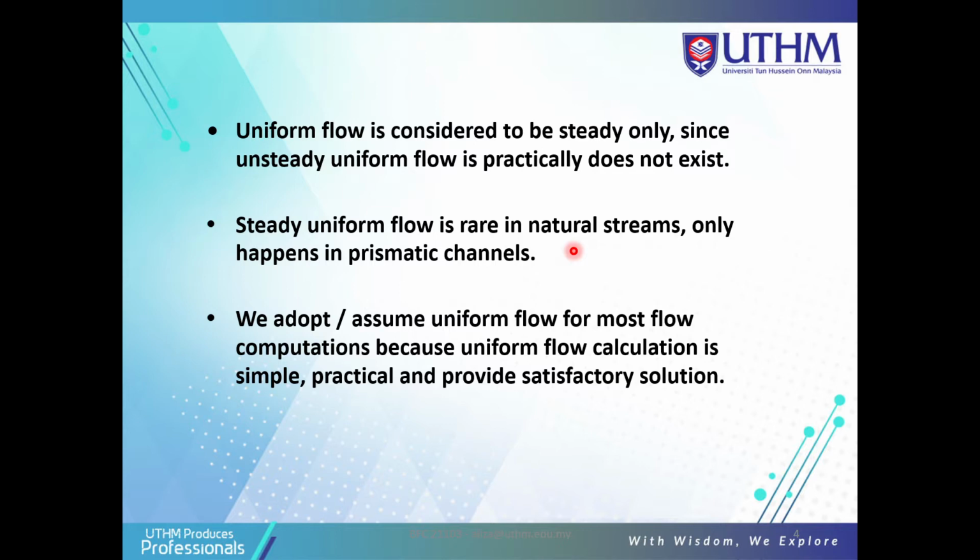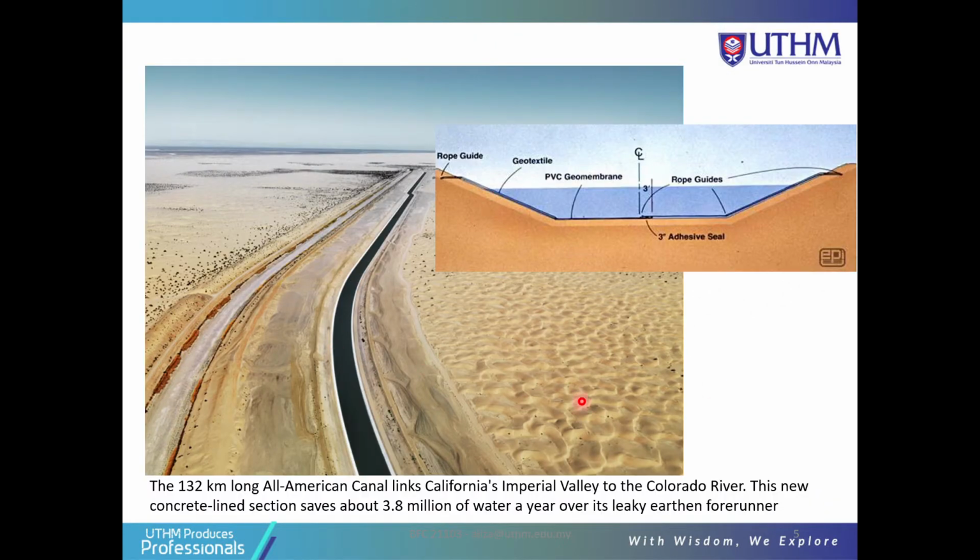Here are examples of the types of channel. The 132-kilometer long All America Canal links California's Imperial Valley to the Colorado River. This new concrete-lined section is man-made, and the concrete lining saves millions of liters compared to earthen channels.